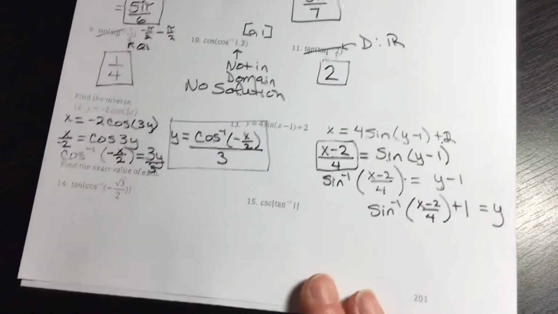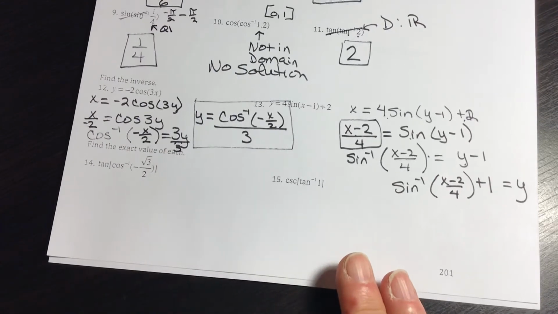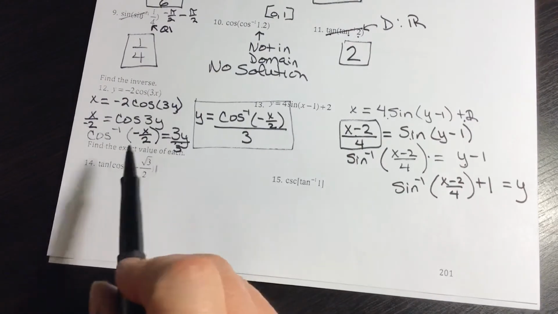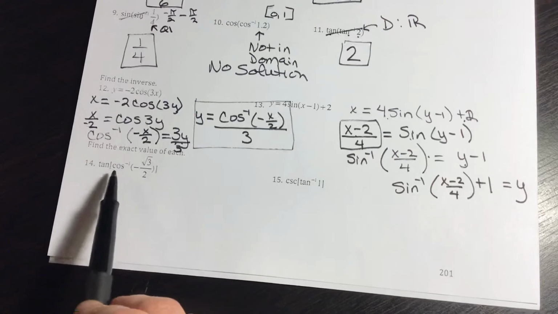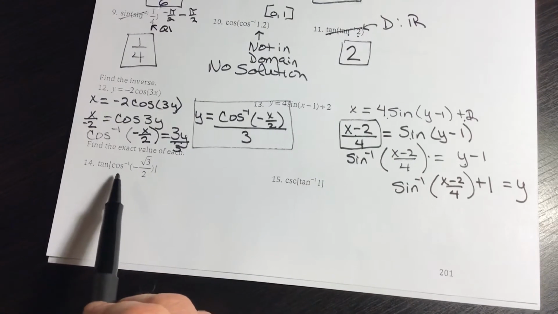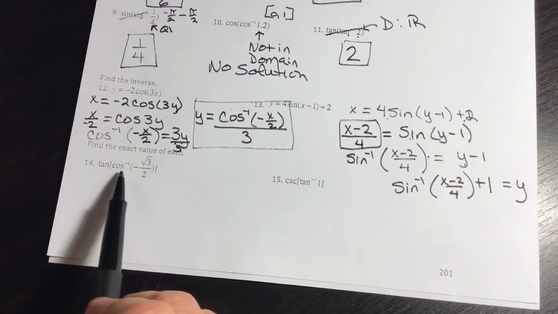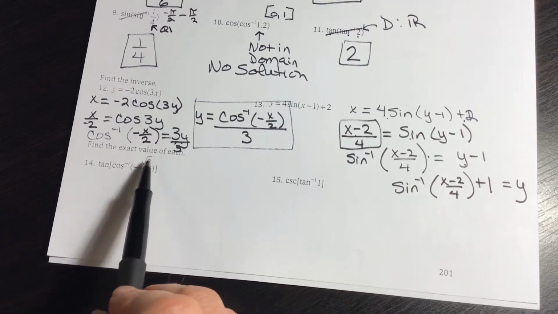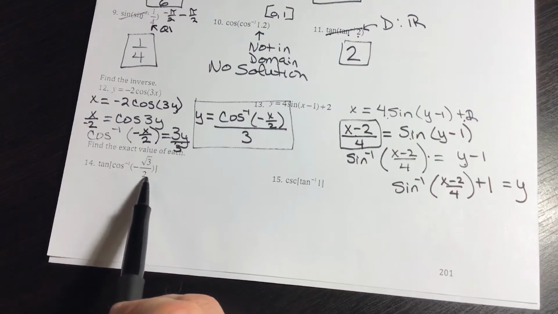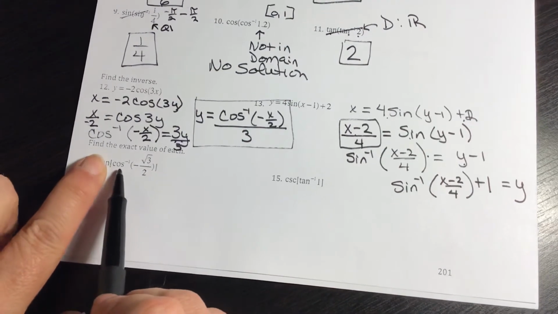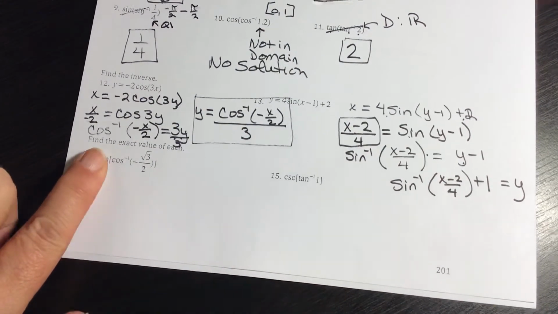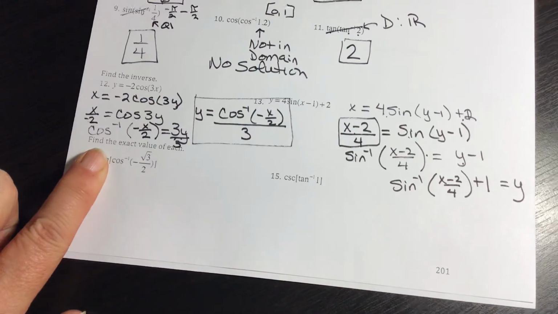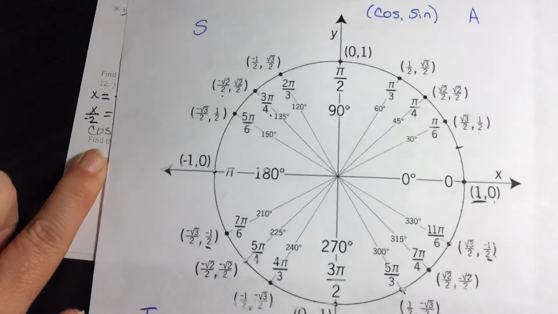Number 14, find the exact value. So we are going to be going back to our unit circle. Working on the inside, I'm looking for the angle that has cosine equal to negative square root of 3 over 2. Again, cosine is in quadrants 1 and 2, and I want negative square root of 3 over 2.